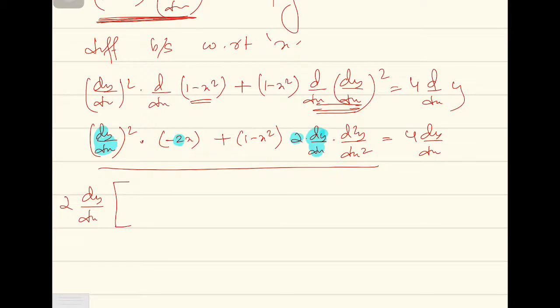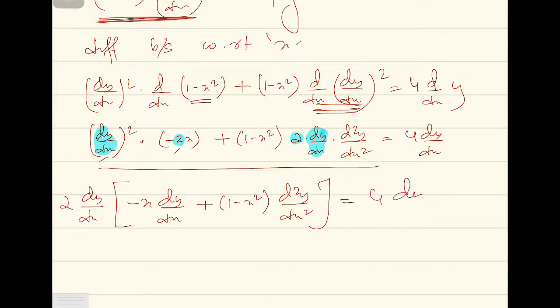So let me write it like this: minus x dy by dx, that is the leftover, because 2 is out, one of the dy by dx is out, plus 1 minus x square, and 2 dy by dx is out, so only leftover is d2y by dx square, and that side 4 dy by dx. So dy by dx, and 2 and a 2.